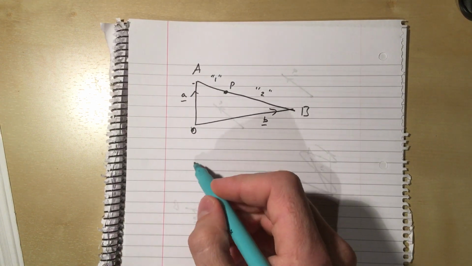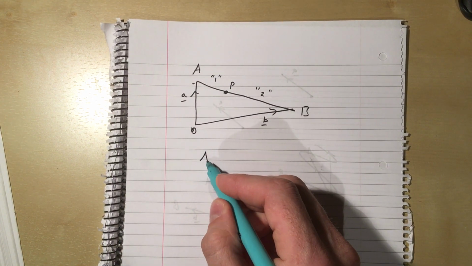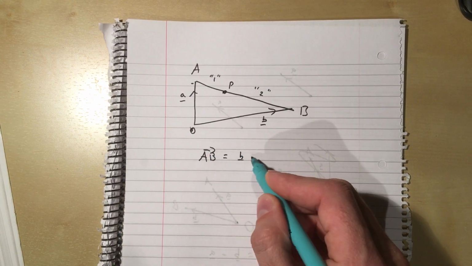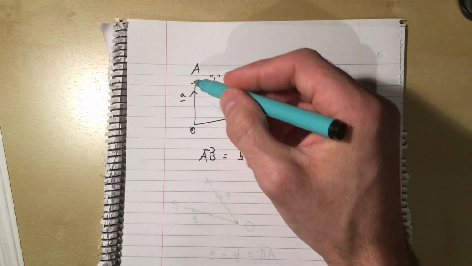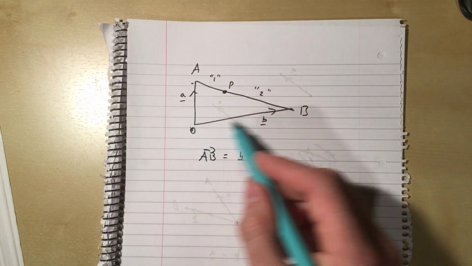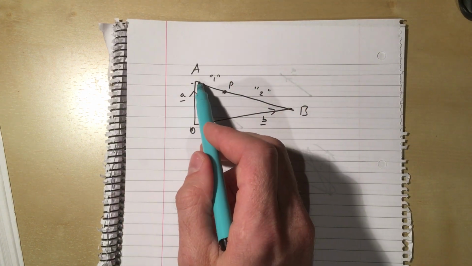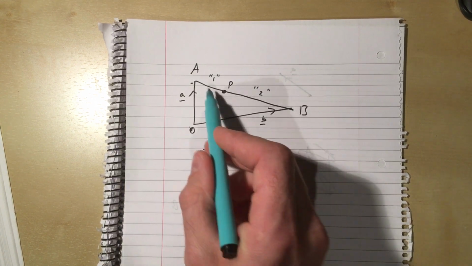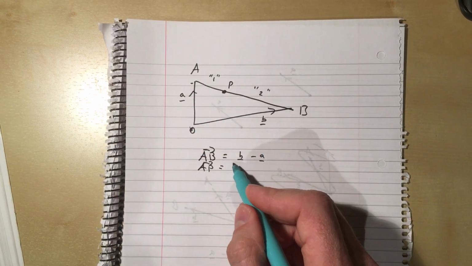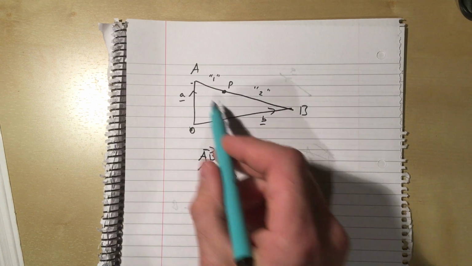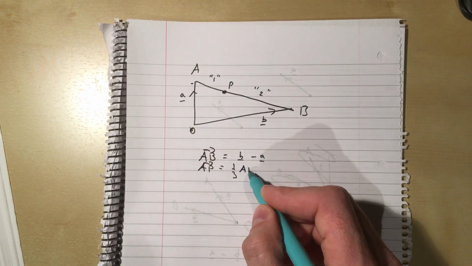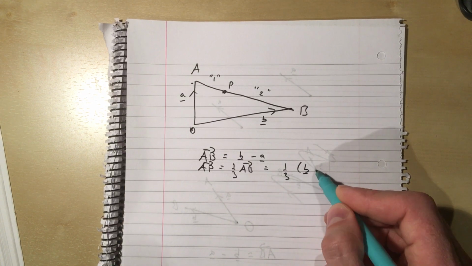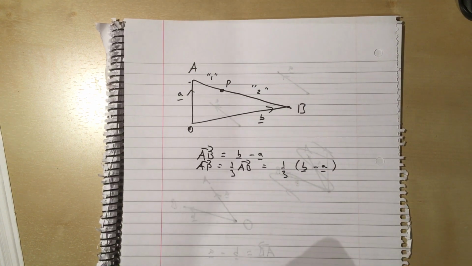Well, the way we do that is that the vector from A to B is vector B minus A. That's a fact that we've seen before, but if you don't remember it, you go backwards along A, forwards along B. Vector A to P is, well, how far is it along here? Well, it's a third of the journey from A to B. And a third of the journey from A to B is a third of B minus A. Okay?